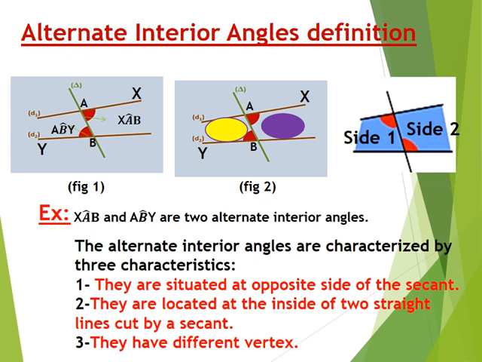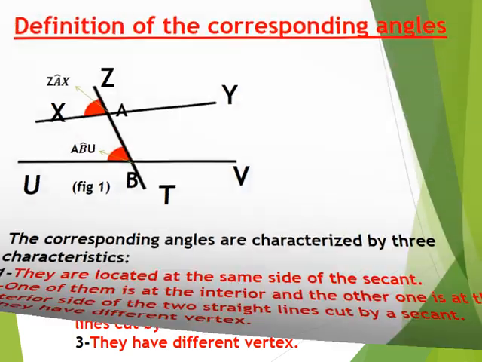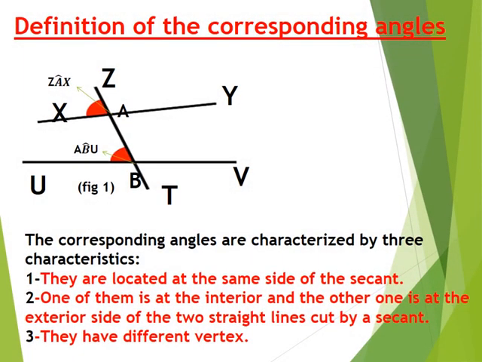In conclusion, we can say that there is a relationship between any two angles that matches the properties recently described. This relationship is called alternate interior angles. Going to the corresponding angles, as we see in this figure, the two corresponding angles are located at the same side from the secant, which is an opposite characteristic to the alternate interior angles.